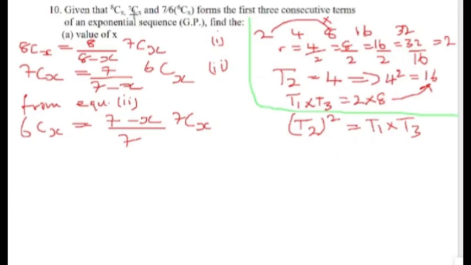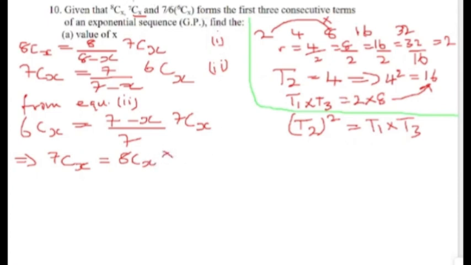Now, in the original question, the second term is 7 combination x. So I'm going to say this implies that 7 combination x squared equals T1. What is our T1? Our T1 is 8 combination x. So this is 8 combination x times T3.